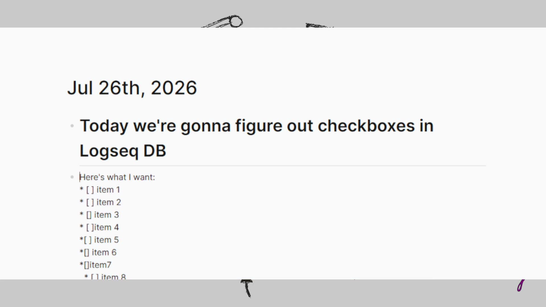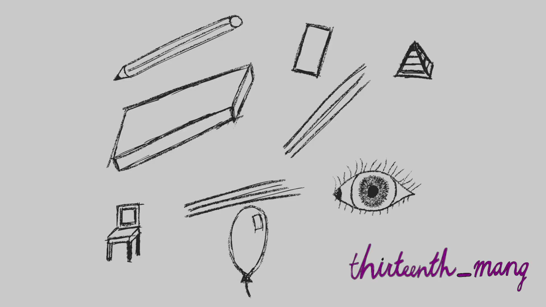All right, let's go over to the database version now, because I was struggling a bit with this and I couldn't see how it would work. So let's try the same syntax and see if we can get the checkboxes working to render how they did in the Markdown version.